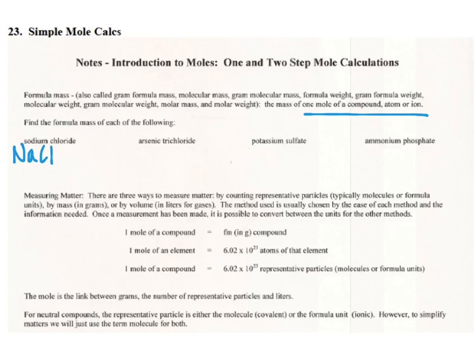So go to your periodic table, the blue ones that we have. You see that these periodic tables go to 2 decimal places.